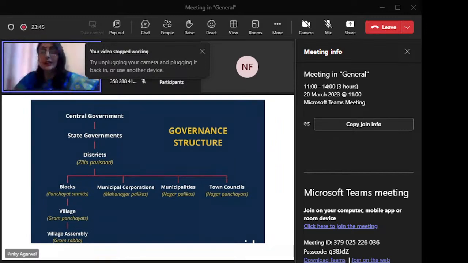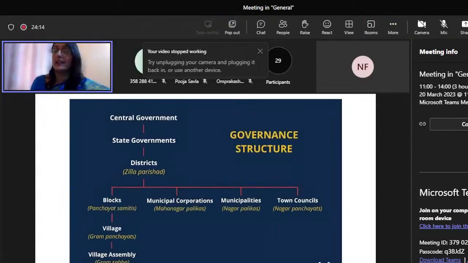Here we have the central government and then the state government, and this is divided again into blocks, municipal corporations, municipalities, and town councils. As per the 73rd and 74th Constitution Amendment Act, the municipality, municipal council and panchayati raj system, a three-tier structure, was made, and they were given autonomy to look after their Zilla Parishad and their small towns.